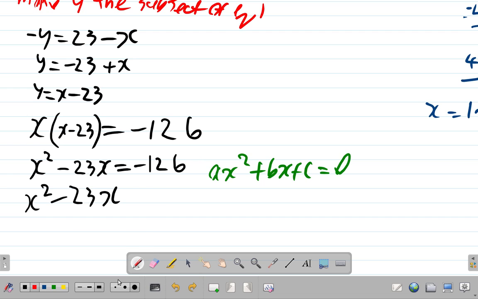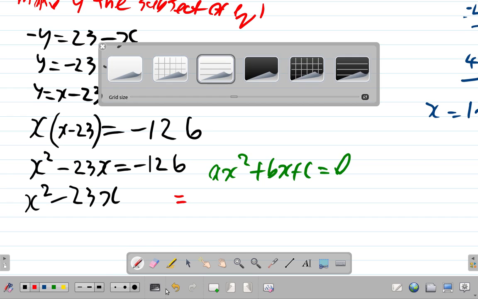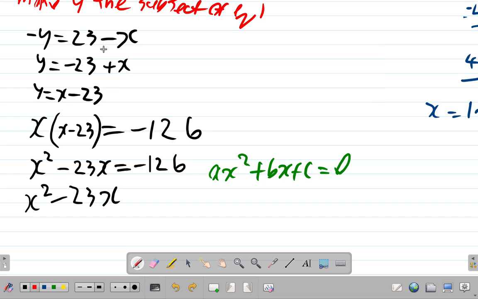So what you will have is equal to 0 over here, but here now you're going to add the 126, just like how you added it to the right hand side, you add it to the left hand side, and you'll have plus 126 over here. Alright?